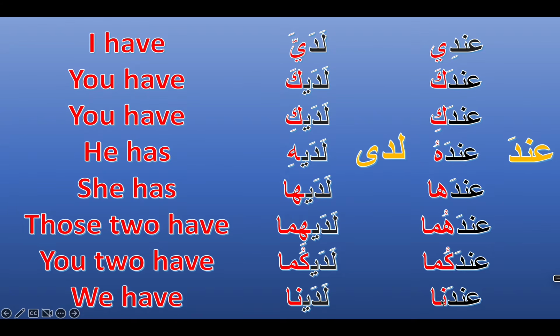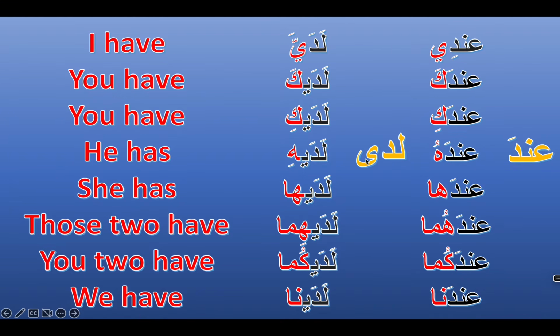For the nahnu, we add na. So let's see this in context now. Anda becomes andi. We drop the fatha when we add the ya. So I have andi. عندك عندك عنده عندها عندهما عندكما عندنا.